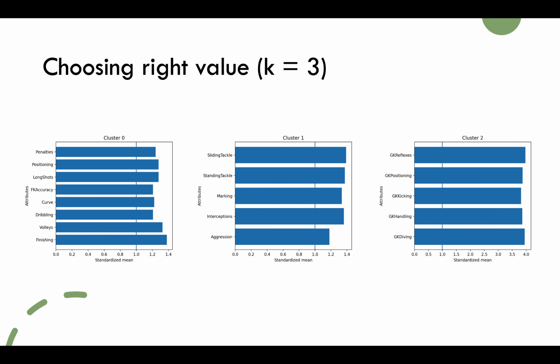When I use three clusters in the k-means algorithm to analyze the data, it was divided into just three groups. The first, cluster 0, represents center forwards; they can be midfielders or strikers.